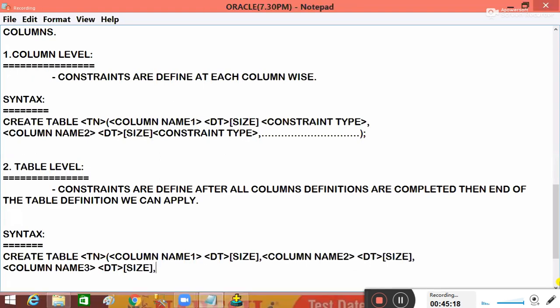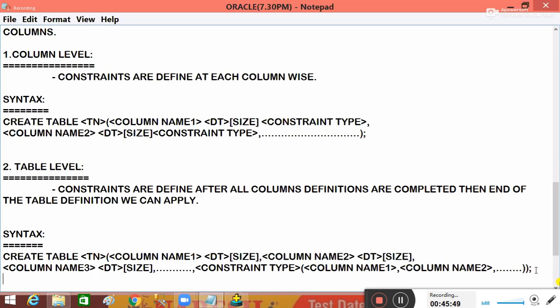Now after defining all columns, at the end of the table you need to write a constraint type, of, again column name 1, column name 2, comma, and so on, and this is close.